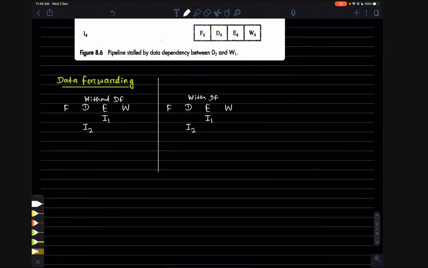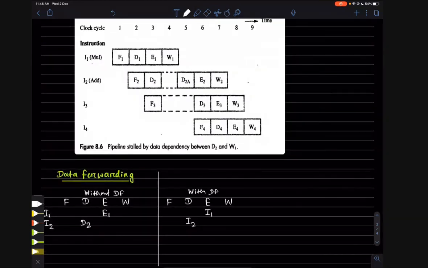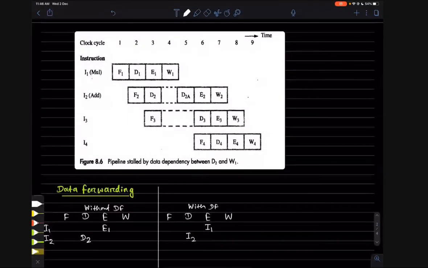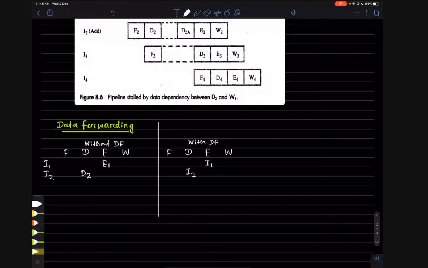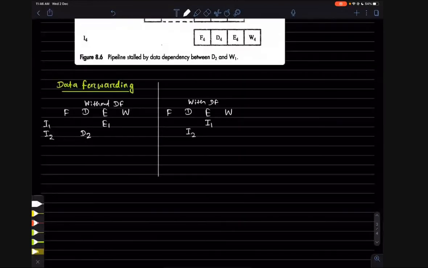Let me write it a different way, the way they write it in this book: this is I2, execution 1 is going on, decode 2 is going on. So what will happen in the next clock cycle?